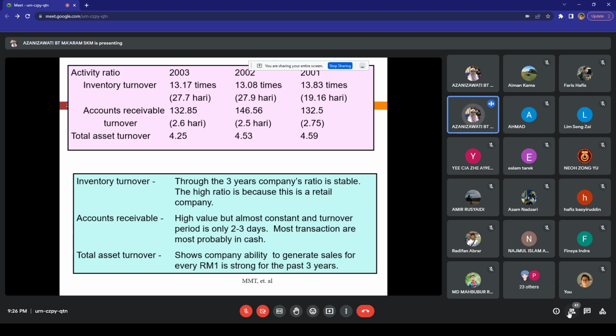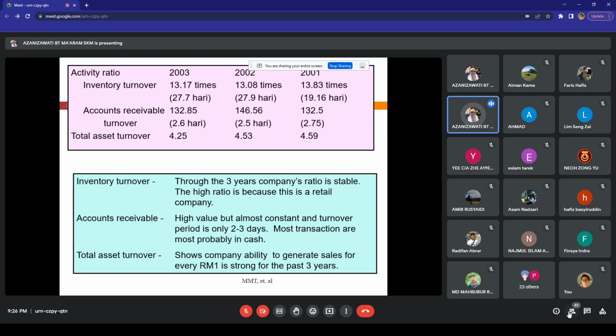Unless for the food company, maybe I'm not really sure, but more or less the company's ratio is stable because food, everyone needs food, before and after the pandemic. For healthcare, maybe 2019 is a little bit low, and 2020 and 2021 a little bit higher.